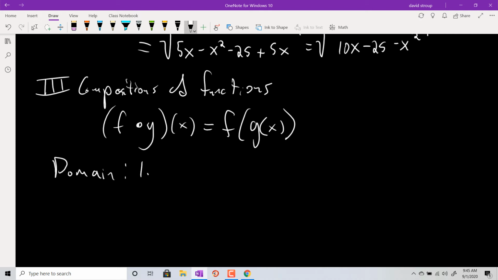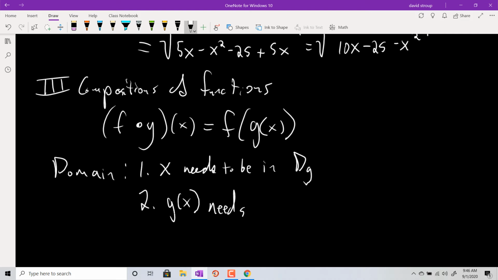First off, you need to make sure that the x values are in the domain of g of x. So x needs to be in the domain of g. Secondly, then, g of x, sort of the range of g, needs to be in the domain of f. Okay?